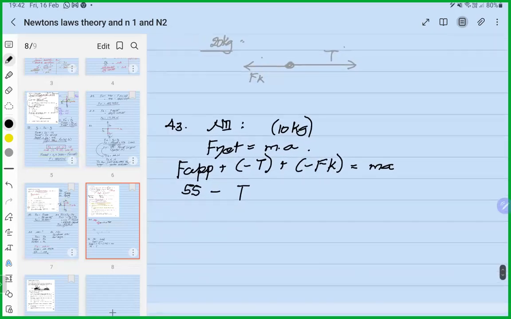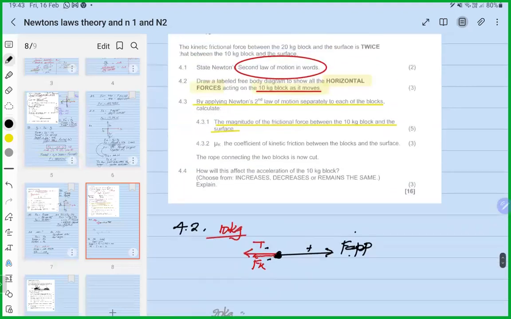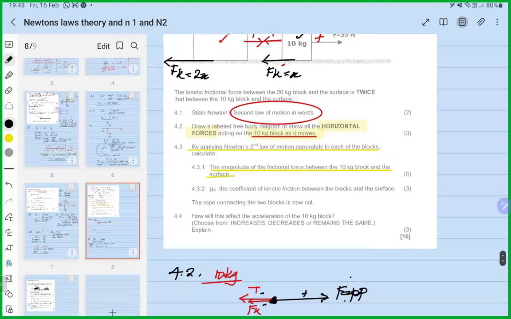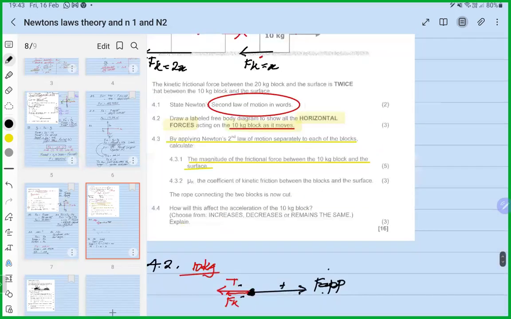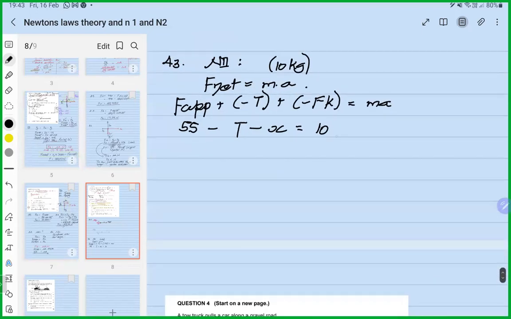We know that the kinetic friction on the 10 kilogram was x, and your mass is 10. And they gave us the acceleration here. Don't forget that. We're not finding the acceleration anymore. They told us that the acceleration is 0.36 meters per second squared to the right. So it's 10 times 0.36.